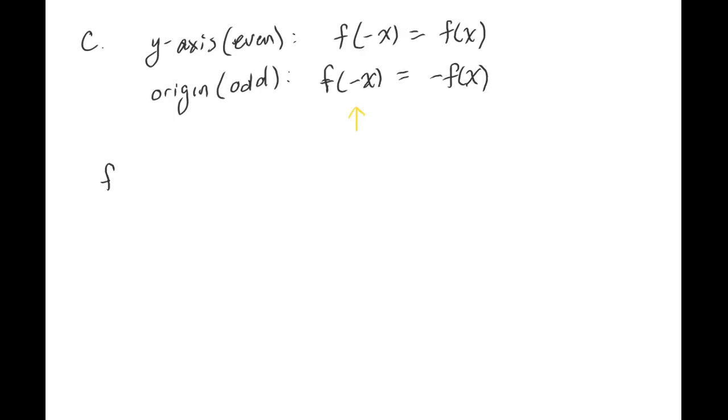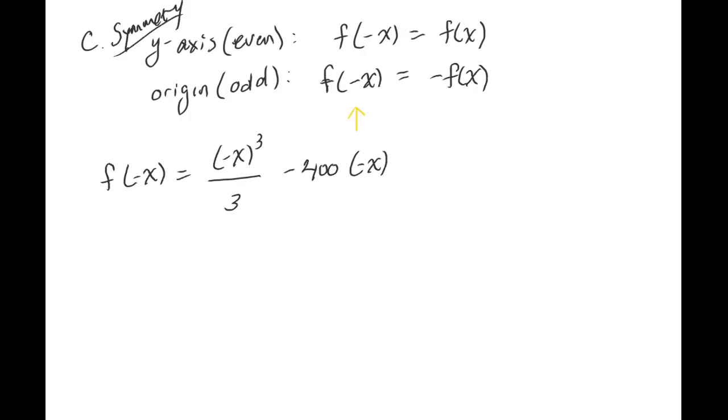Go ahead and write what we're doing. This is symmetry. f of negative x is equal to negative x cubed, I'm still using my original function, over 3 minus 400 times the negative x. Going to simplify that.